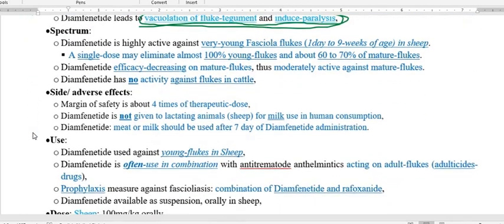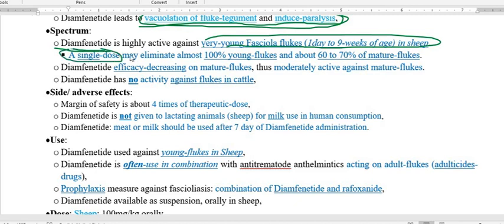As we already mentioned regarding the activity of diamphenethide, that is the only one drug under the aromatic amides, very active against the very young Fasciola fluke, that is even 1 day to 9 weeks of age in sheep. So this is very important, and even a single dose of diamphenethide is going to eliminate about 100% of young fluke.